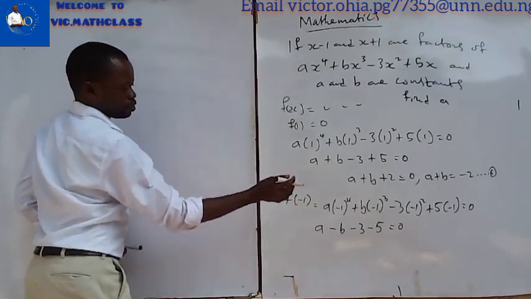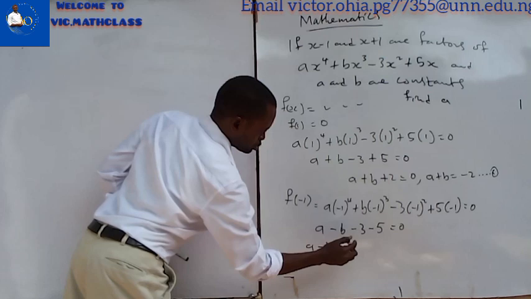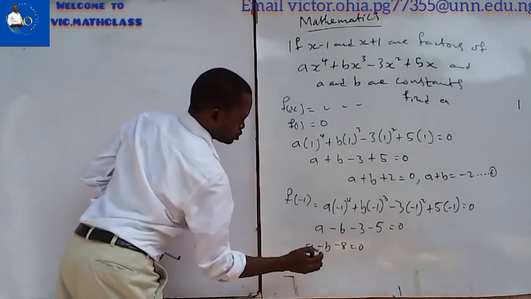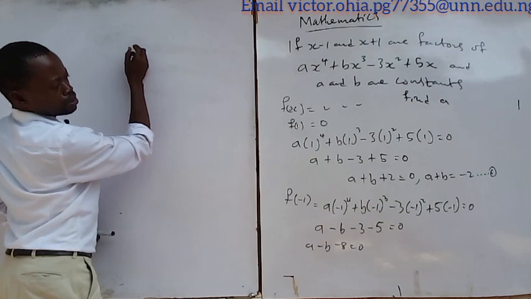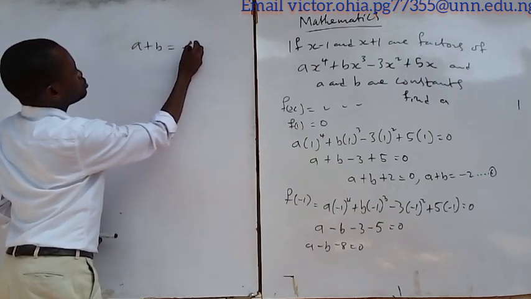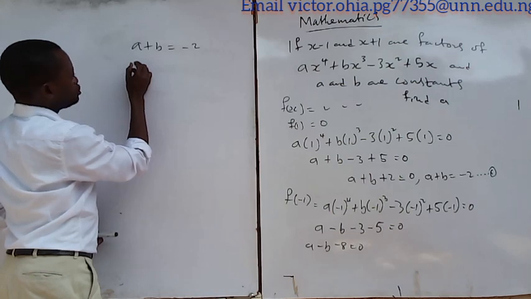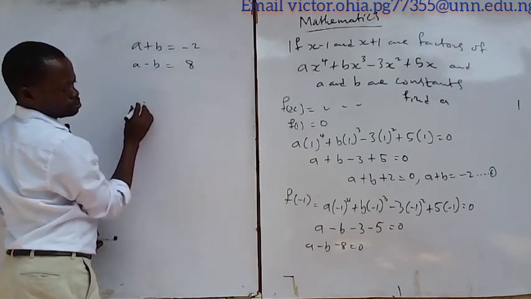This is a minus b, this is minus 8, minus 8 equals 0. So I'm going to have the second equation. The first equation I have there is a plus b equals minus 2. And the second one I have is a minus b equals 8.